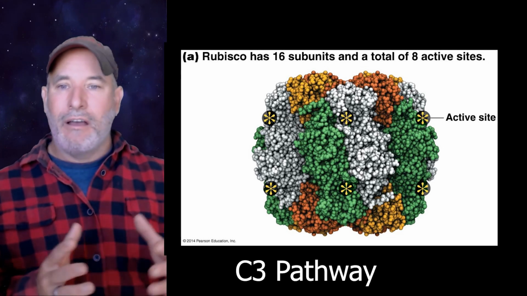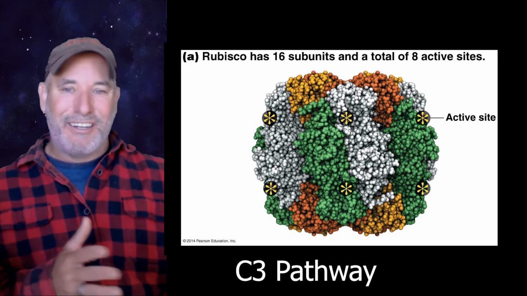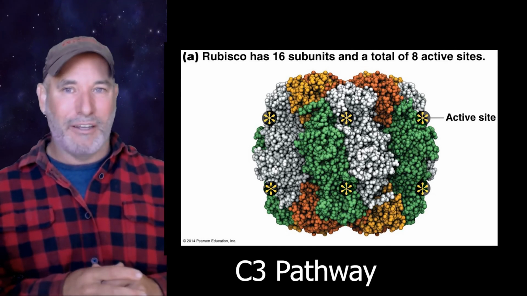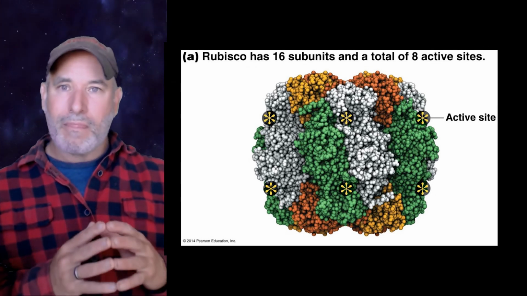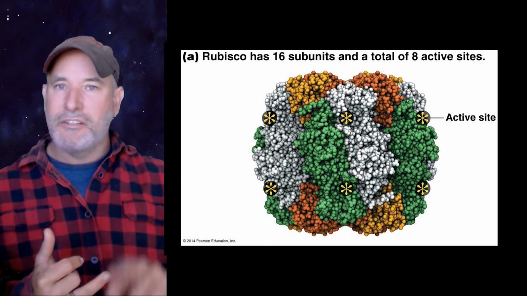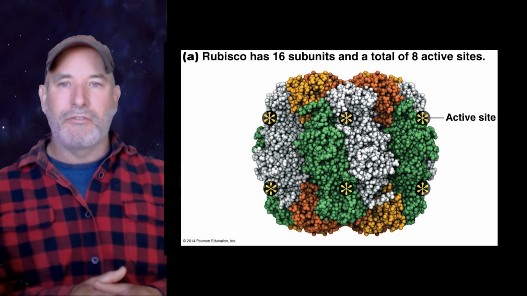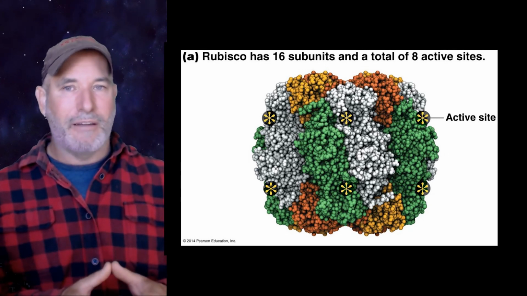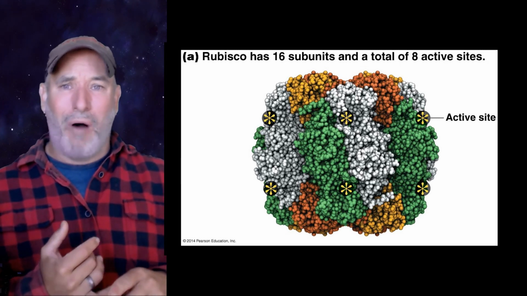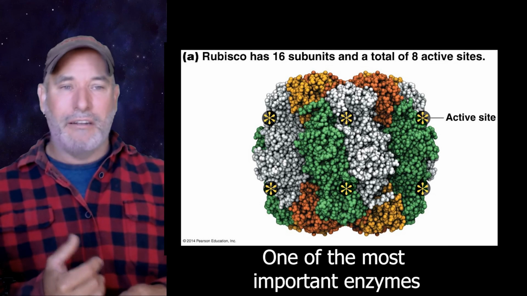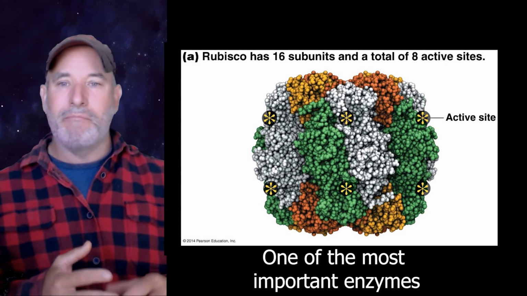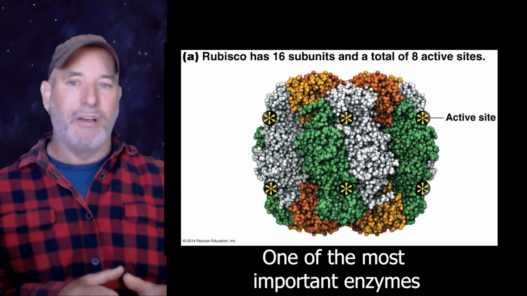And that's going to be setting me up for the next lecture, C3, C4, and CAM pathways. I want you to be clear that every plant on the earth, no matter if it's CAM, C4, or C3, uses Rubisco to fix carbon dioxide into an organic molecule. So not only is it the most abundant enzyme on the planet, it's also one of the most important enzymes on the planet because it makes carbon available to life.